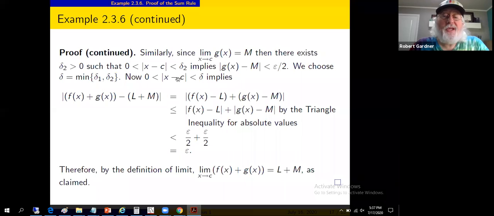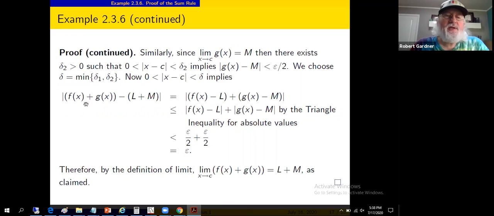That means you can use the epsilon over 2 stuff that we had upstairs, because the absolute value of x minus c is less than delta 2. Then we can use the epsilon over 2 stuff from the previous slide, since it's less than delta 1 as well. That's why we're choosing delta to be the smaller of those two.